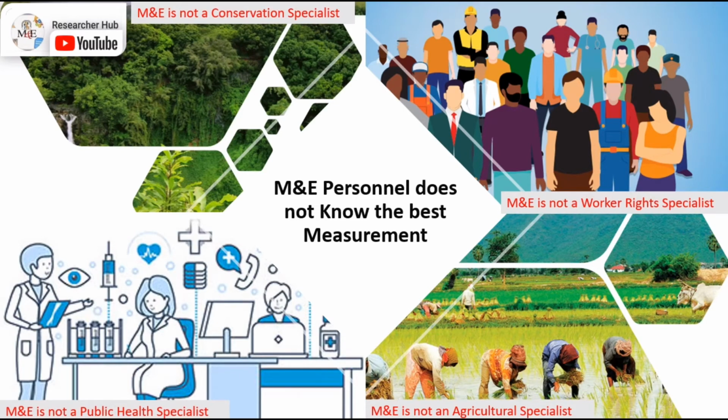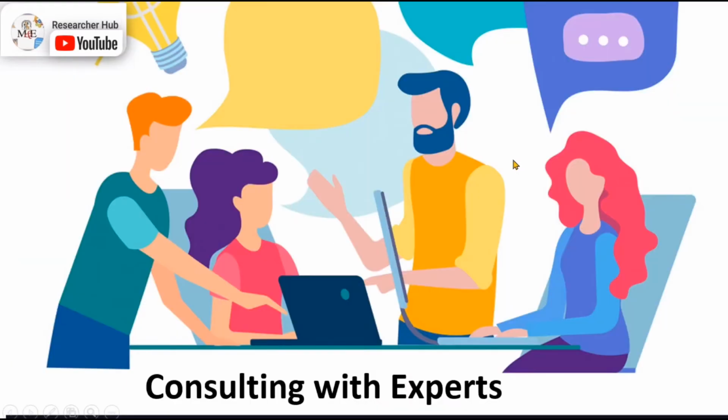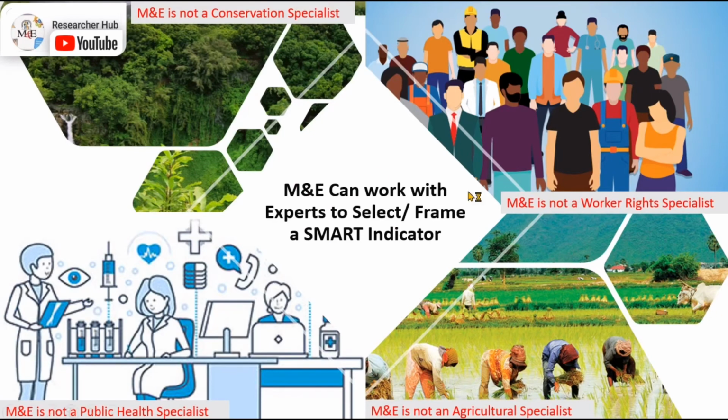Therefore, you need to consult with expert in the field. If you work in agricultural sector, you need to consult with the project manager who is a technical in agriculture. If you work in the public health, you might consult with public health practitioners who know in and out about any intended change you would like to measure.